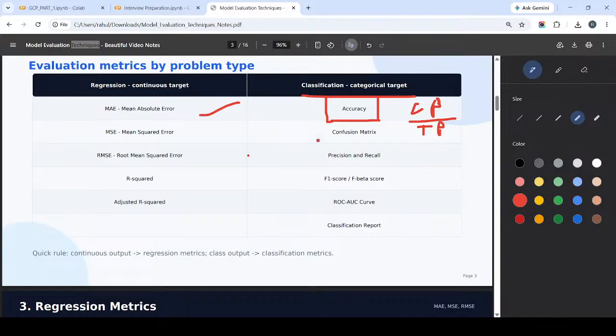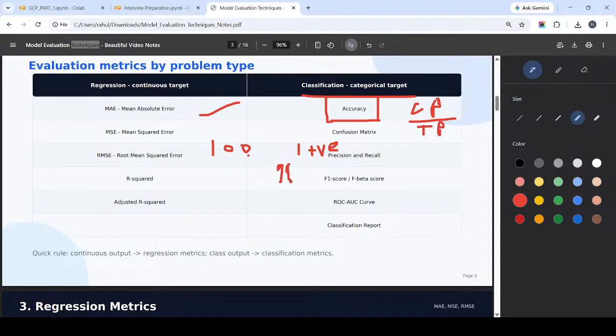Okay, so what happens if we have imbalanced data? For example, we can consider a cancer data set. 100 patients are coming to us, and suppose one patient is found positive, meaning one patient has cancer, and 99 patients don't have cancer.